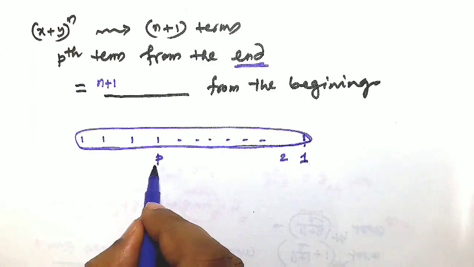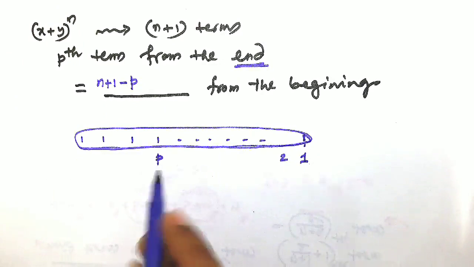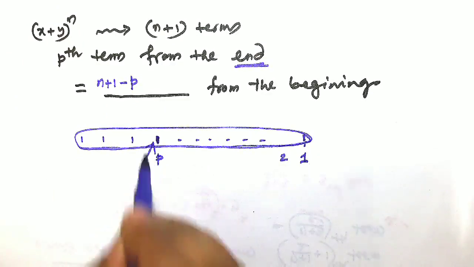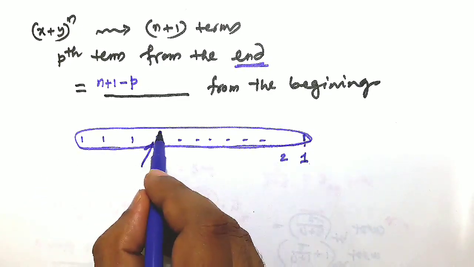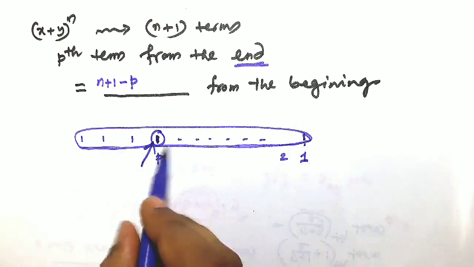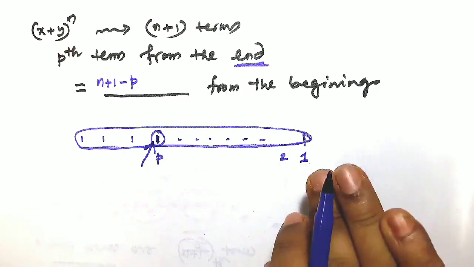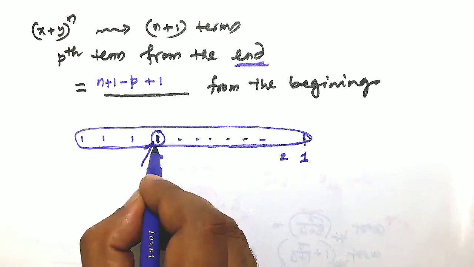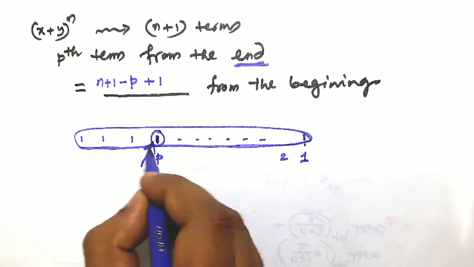If you subtract p, then the pth term from the end, whose rank from the beginning we want, will also be discarded. So you have to add 1 again to get the rank of the required term.